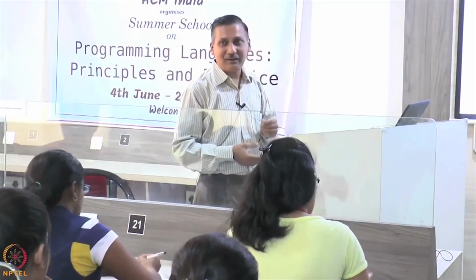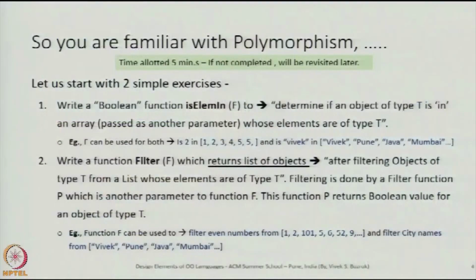Again, here we are filtering objects of type T from a list whose elements are of type T, not restricting it to a particular type. This is where polymorphism comes in.